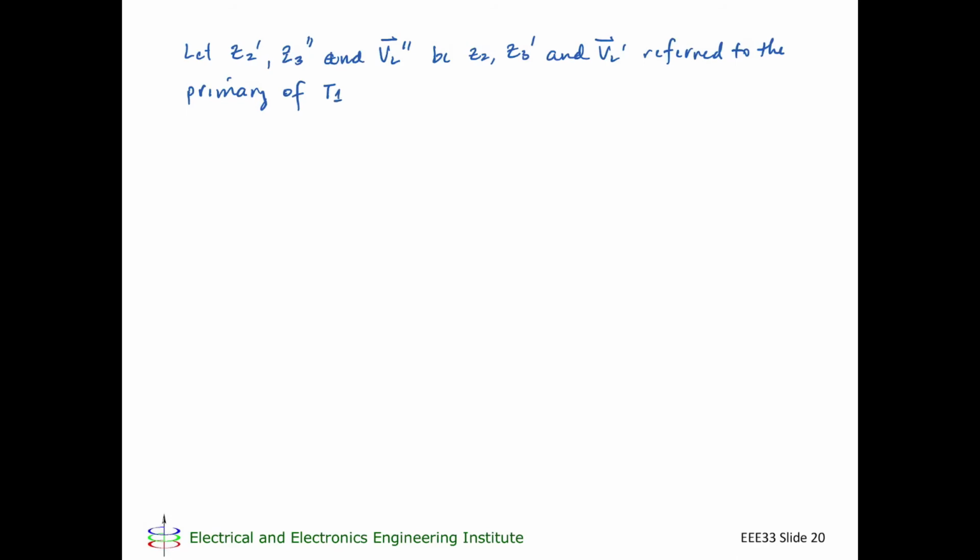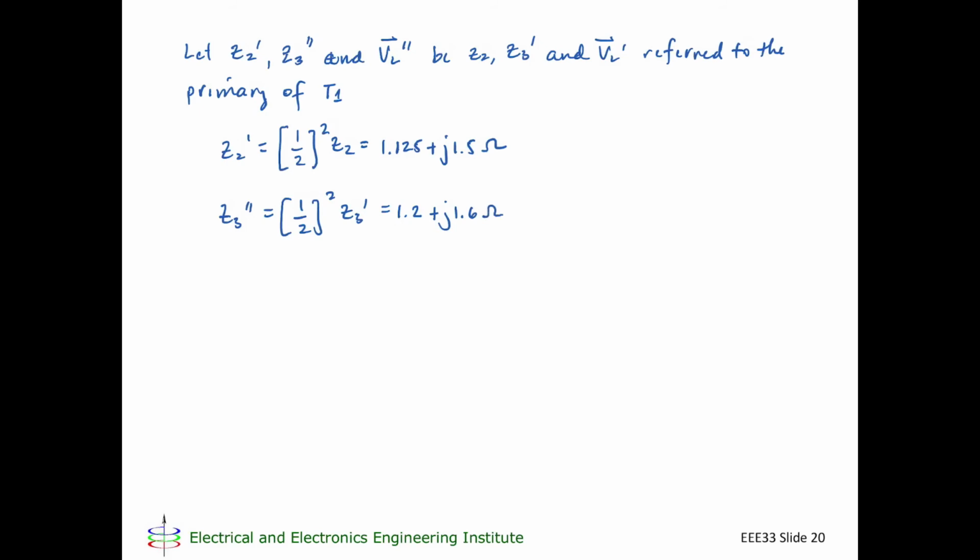Okay. So Z2 prime is going to be my T1 turns ratio, this is 1/2 squared multiplied by Z2. I'm going to get 1.125 plus j1.5 ohms. Okay. Z3 double prime will be the same turns ratio squared multiplied by Z3 prime, which will give me 1.2 plus j1.6 ohms.